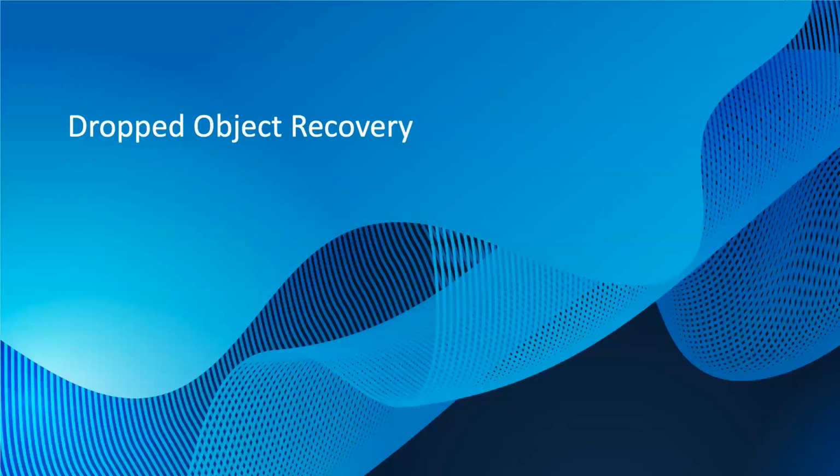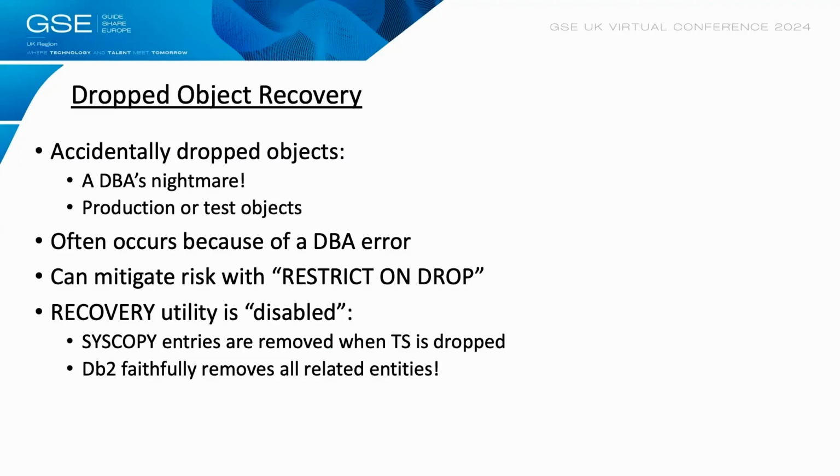Now, dropped object recovery. The accidentally dropped ones. So you've got the production one, which is the nightmare. Test ones you can normally get away with, and sad to say, it's normally a DBA that does it. It's a sad thing about life.